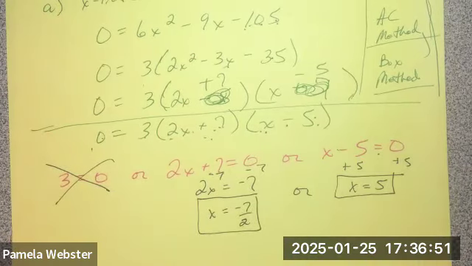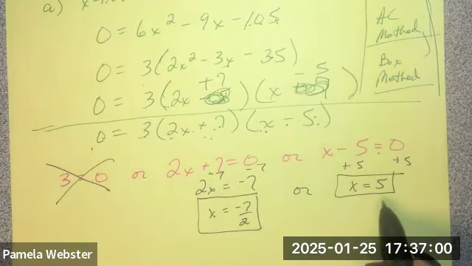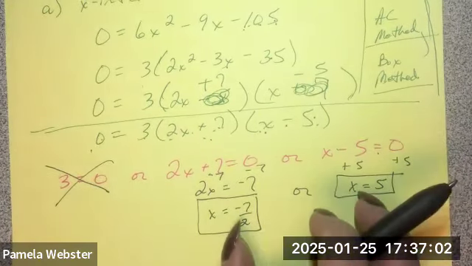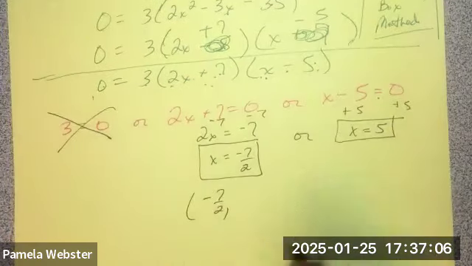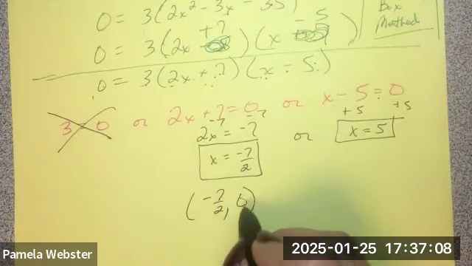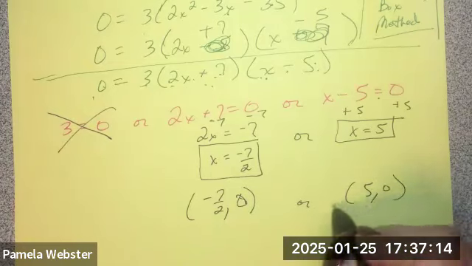So you get two answers here. There are two solutions, and that's the maximum number for a quadratic, right? You can have up to 2 x-intercepts. You can leave it just like this, or you can make it into a coordinate pair or a point, okay? It's negative 7 halves and a 0, or 5 and a 0.